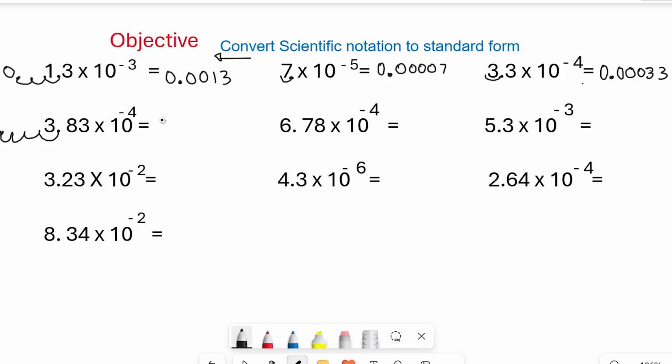So the answer should be 0, 3 more zeros, and then 383. If we count the units, the decimal point should be here. Going back 1, 2, 3, 4 units. So then this is going to be the answer.